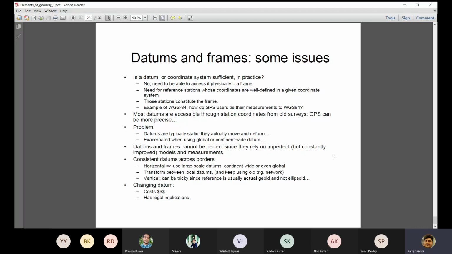In the same manner, you could see that the Survey of India benchmarks were established in the late 80s, but still they are being used. Yesterday I went on a field visit where India's largest solar plant is being established near Prayagraj.